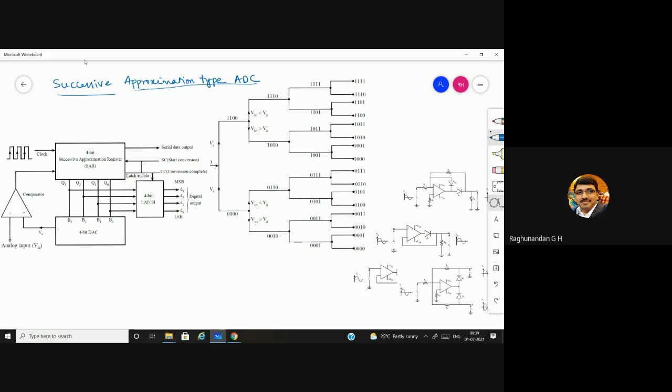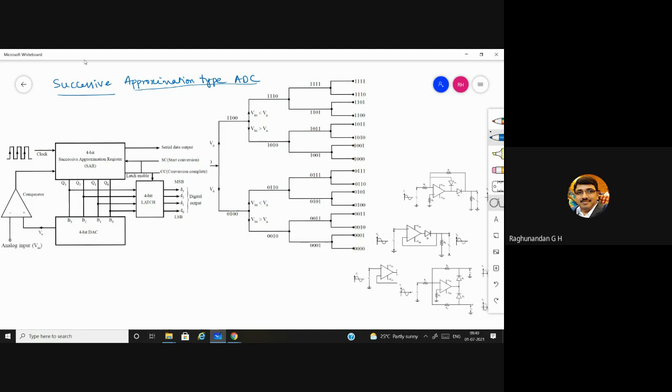will be using 3 or 4 components together, and it is going to give almost the accurate value of the given input signal. So here you can see that it is having a 4-bit successive approximation register, which is going to take the comparator input, and it is going to keep on approximating the values which is equivalent to analog input value until the values which are generated in the successive approximation register, that is SAR, is equal to the analog input value.